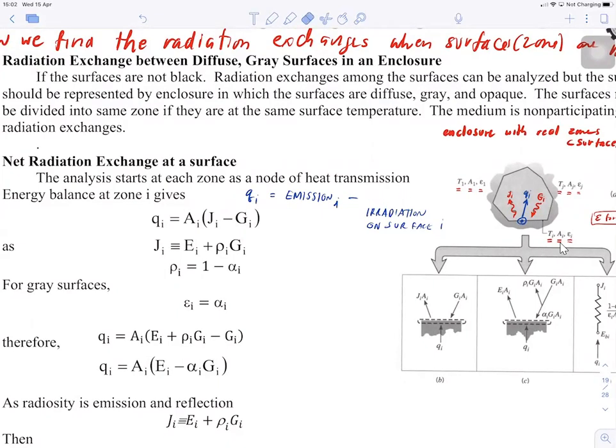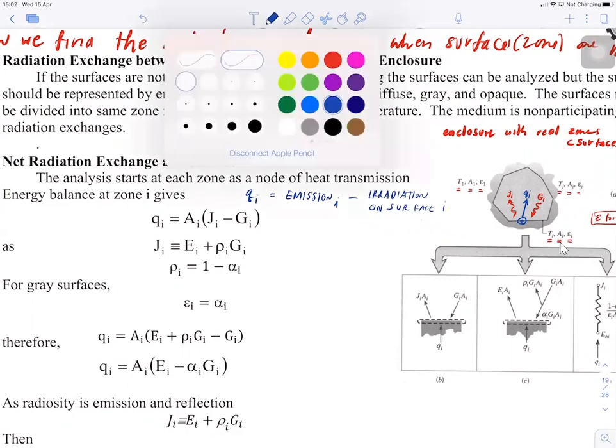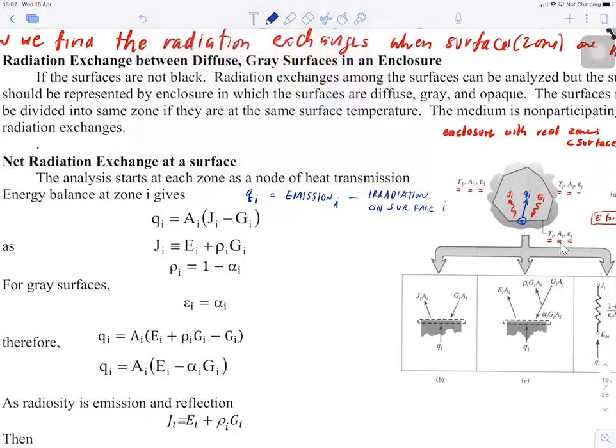Actually, to avoid confusing, I can use the irradiation on surface I. So the Qi is going to be equal to emission I, EI. I'm sorry, this is not emission. I'm sorry about that. It's going to be radiosity.